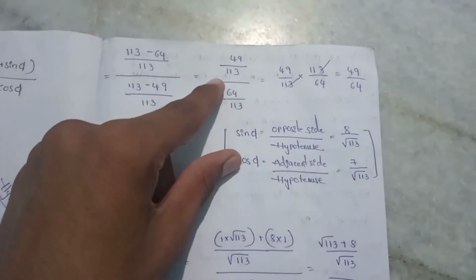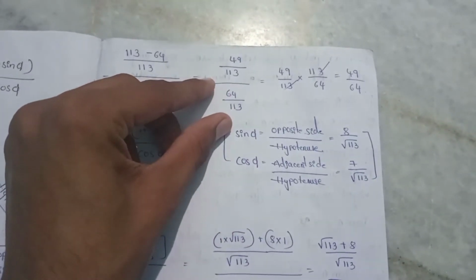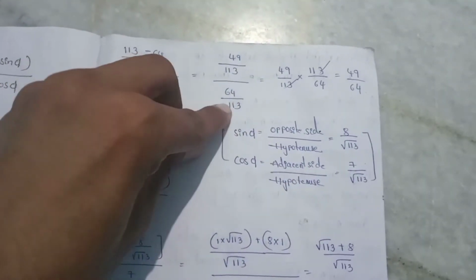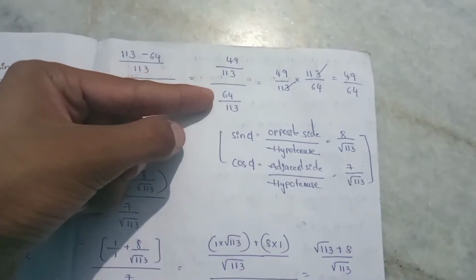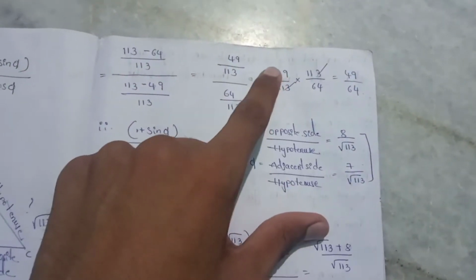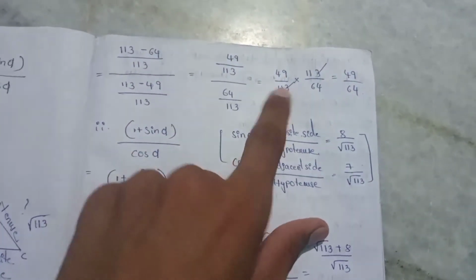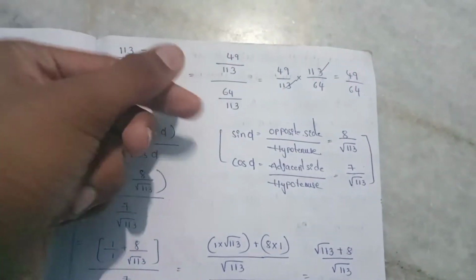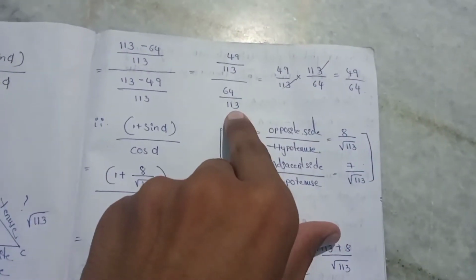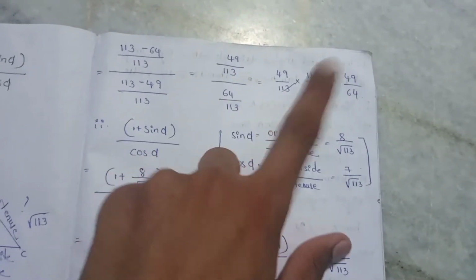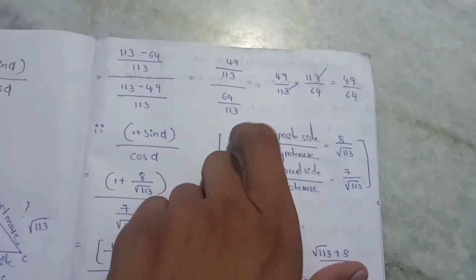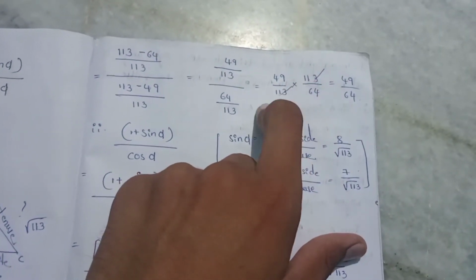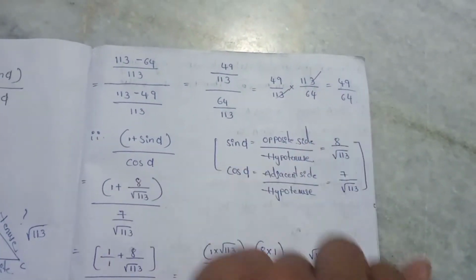When we bring this whole denominator into the numerator, we have to take its reciprocal. 113 becomes the numerator and 64 becomes the denominator here. 49 by 113 we write as it is. Now this division becomes multiplication, 113 by 64 becomes the reciprocal. 113 cancels here. 49 by 64 is our answer.